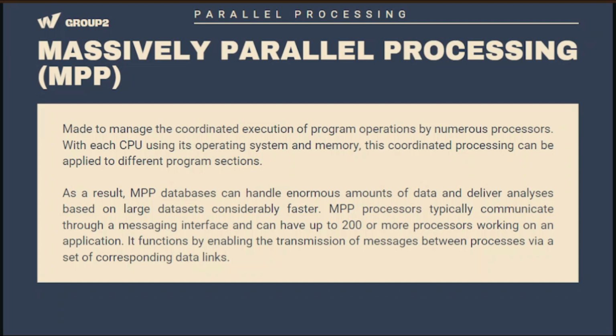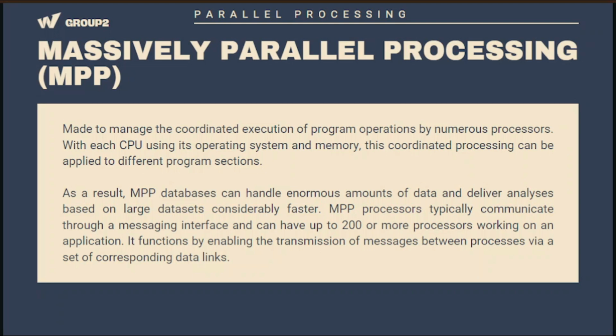MPP processors typically communicate through a message interface and can have up to 200 or more processors working on the application. It functions by enabling the transmission of messages between processes via a set of corresponding links.